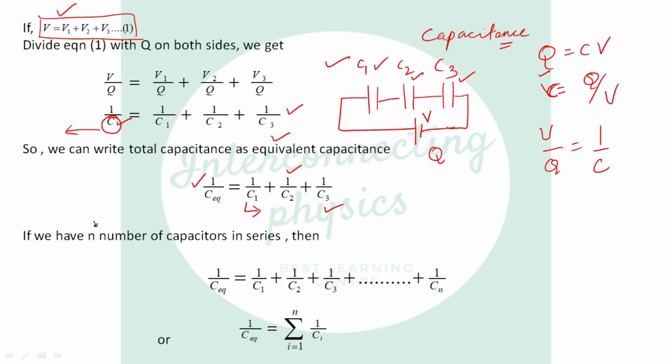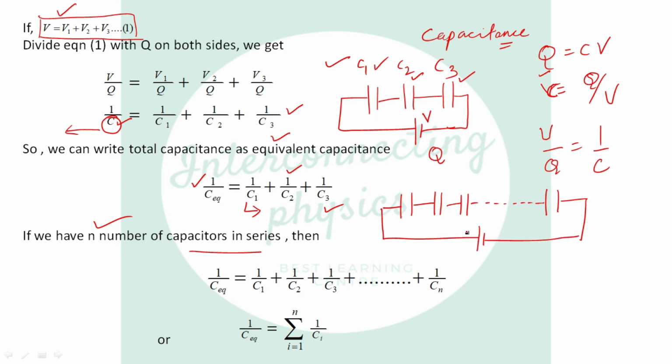Suppose we have n number of capacitors in series. How will we draw the diagram? Like this, dot dot dot, connected to a battery having voltage V, with C1, C2, C3 and so on up to Cn.